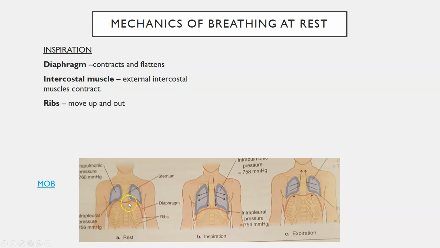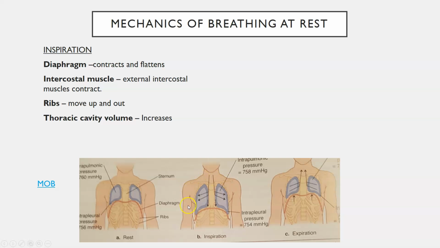As you can see here at rest, it's actually quite a small area, the thoracic cavity volume is quite small. Here you can see how it's much larger, and this is because the diaphragm is contracted and flattened. The external intercostal muscles have contracted. The ribs have moved up and out. This means the thoracic cavity volume has increased.